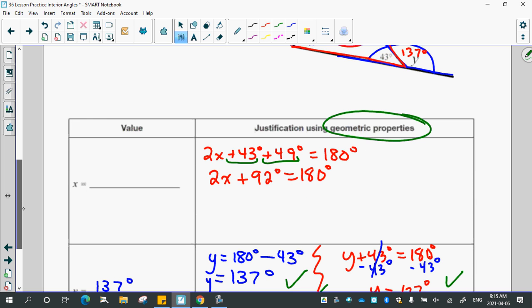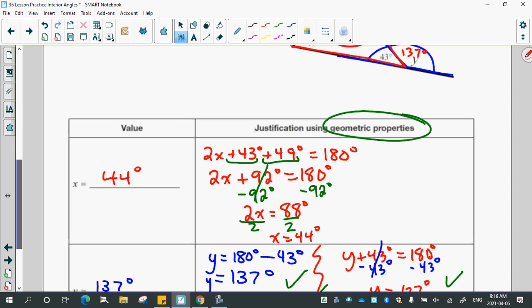I would subtract 92 degrees from both sides. Divide both sides by 2. And get x equals 44 degrees, which you put in your blank over here.